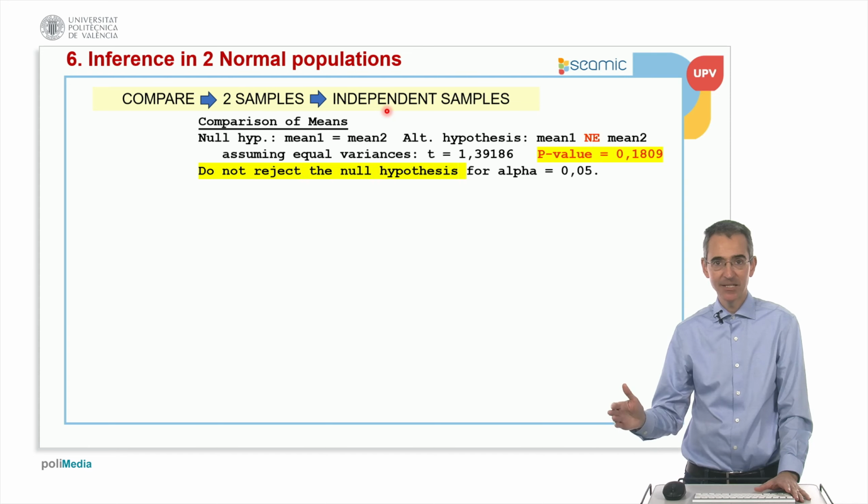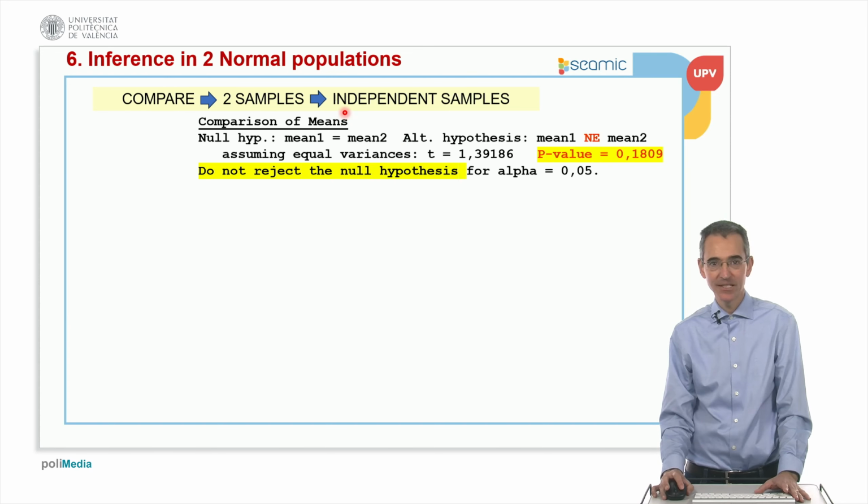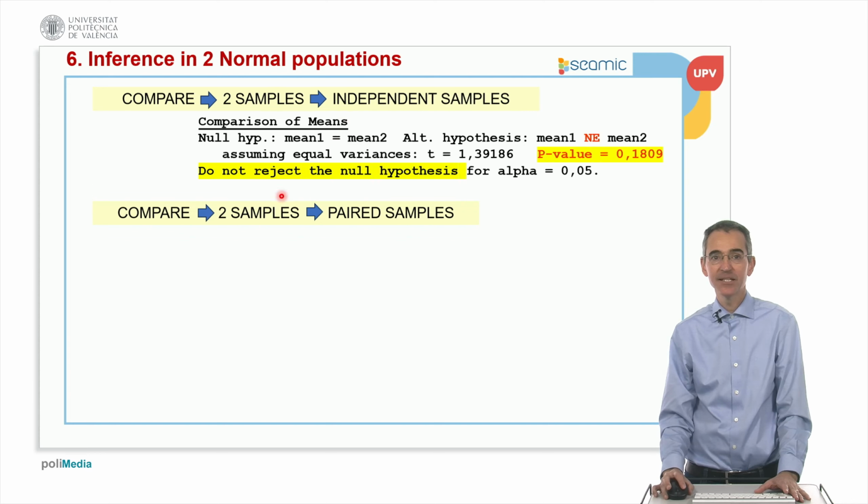I don't have enough time in this subject to explain the theory under this comparison, but I want to say that we also obtain a computed t parameter and the p-value. Sorry, this is what we did before with independent samples, but the correct method is to compare two samples, paired samples.